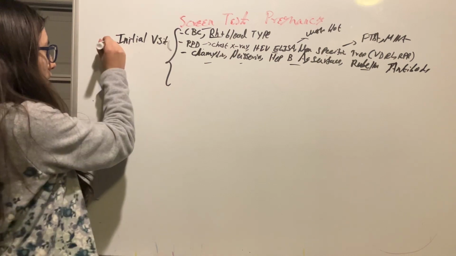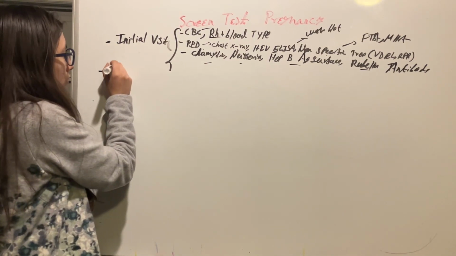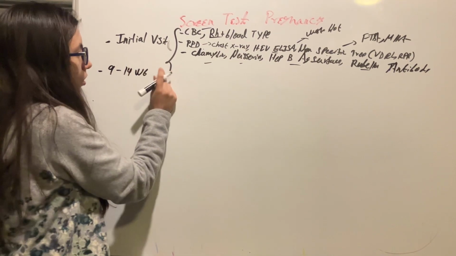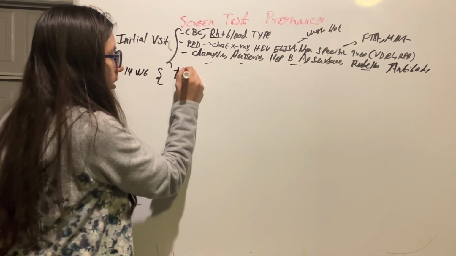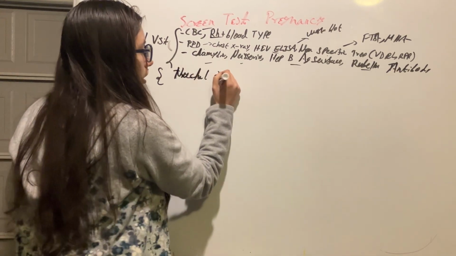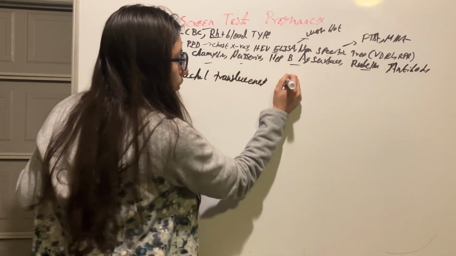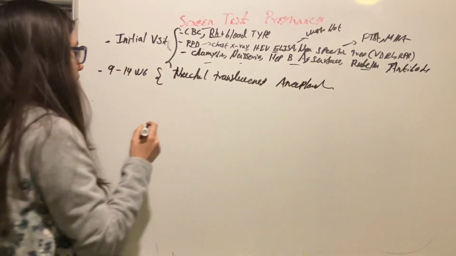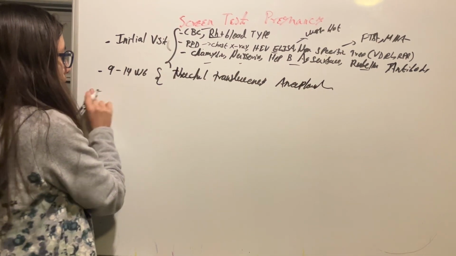Then at 9 to 14 weeks gestation, we can do the nuchal translucency test for aneuploidy, but most of the time the nuchal translucency test is combined.